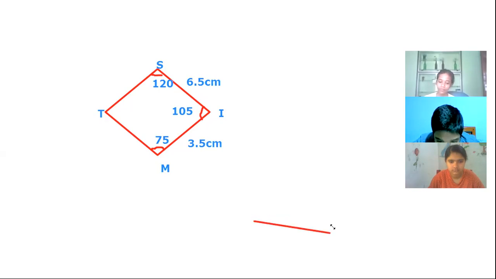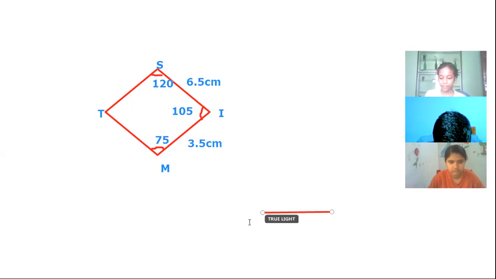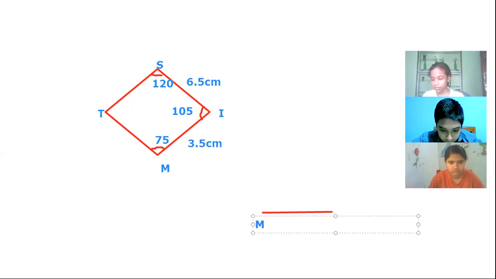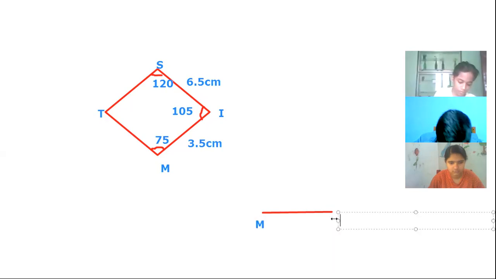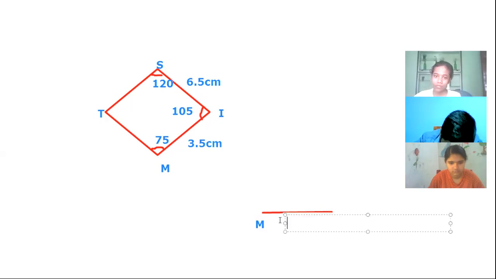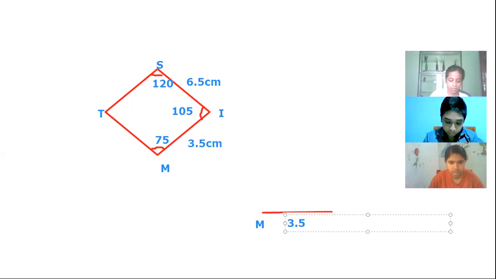What is the length of MI? The length of MI is equal to 3.5 centimeter. So first of all, we have drawn the side MI, and we know that its length is 3.5 centimeter.